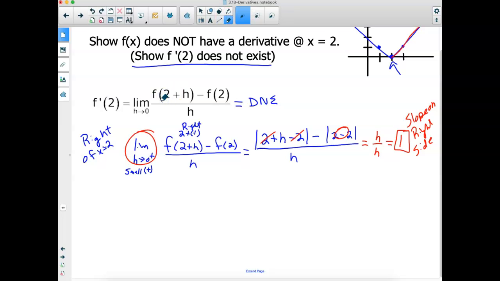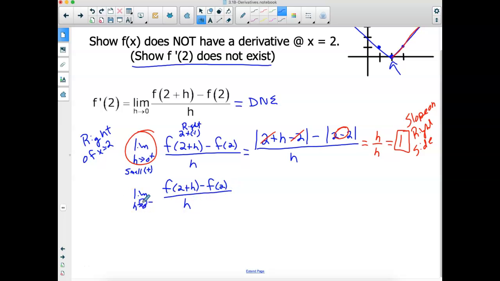Well, now I need my left-hand limit. So that's going to be the limit as h approaches 0 from the left of f of 2 plus h minus f of 2 all over h.